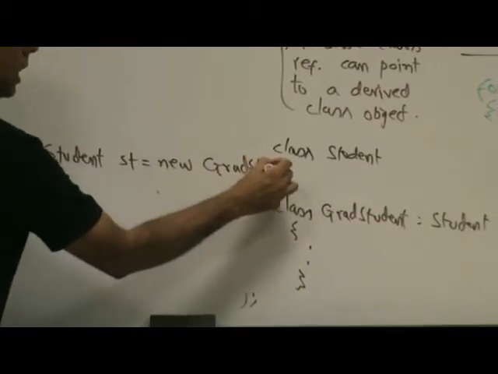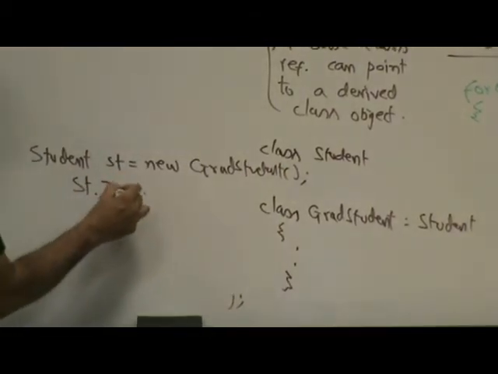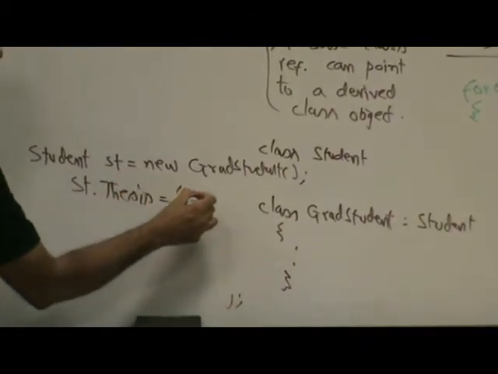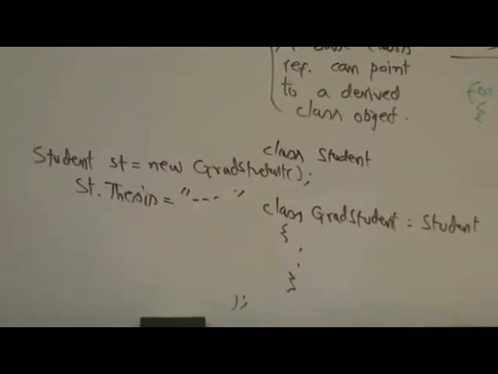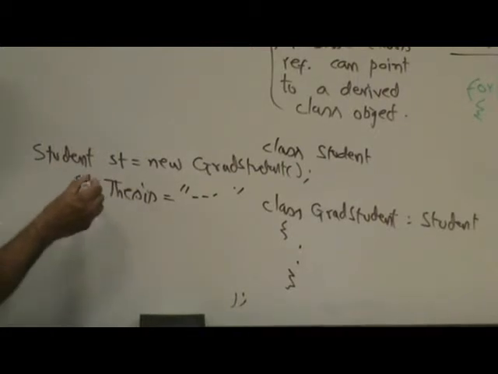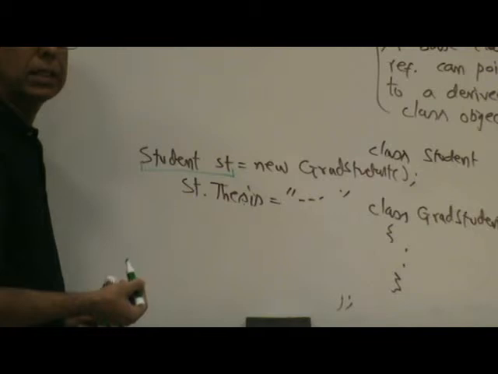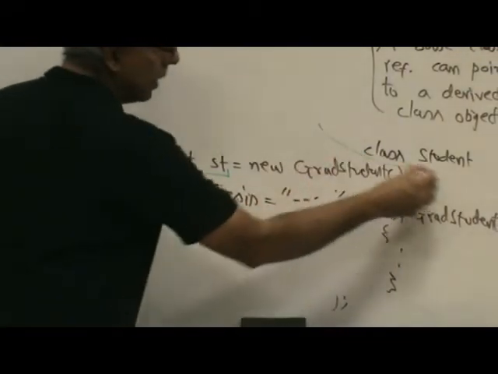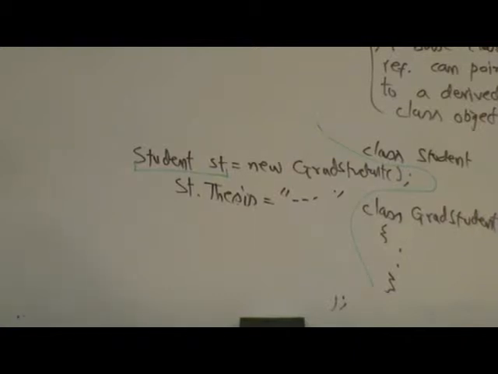And as we were trying to access the thesis field, I was saying this code will not compile. Why? Because what type is ST? Student. And the student class does not have the thesis, even though we allocated the memory for the grad student, which does have thesis, right?